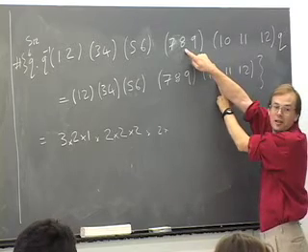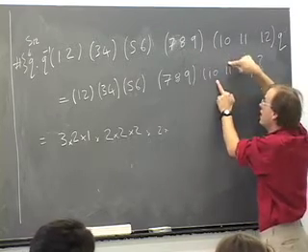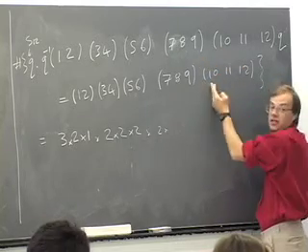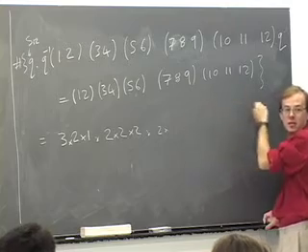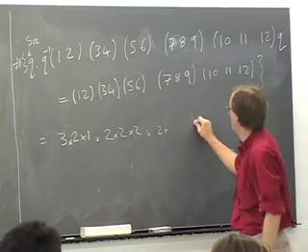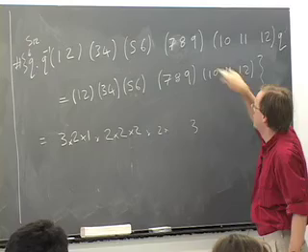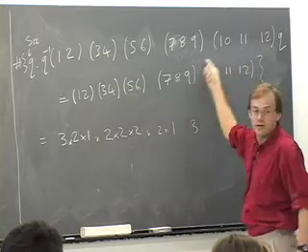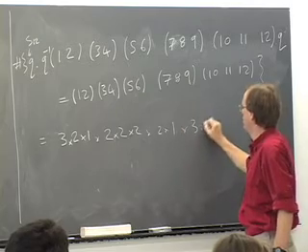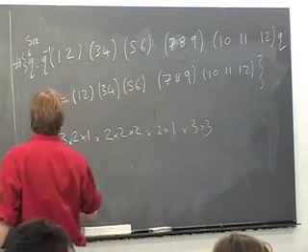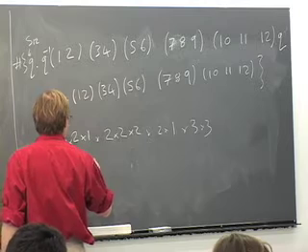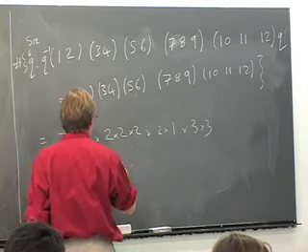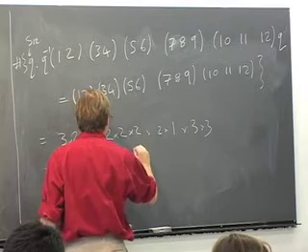Where does the 8 have to go? To the 11, and the 9 has to go to the 12. So once you've fixed where in this cycle you're sending the first element, everything else is fixed because it has to be a cyclic permutation. So there are just 3 ways of matching these 2 cycles. And then this 3 cycle has to go to here, and again there are 3 ways of matching it. So I could write this as 3 factorial times 2 to the 3 times 2 factorial times 3 squared.